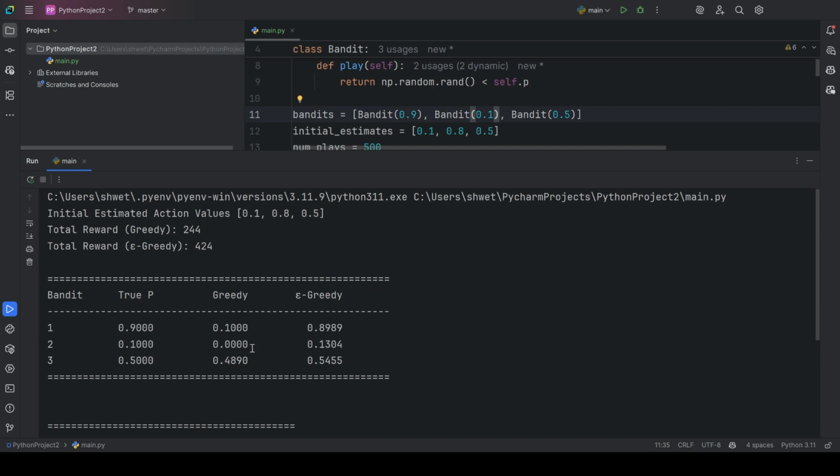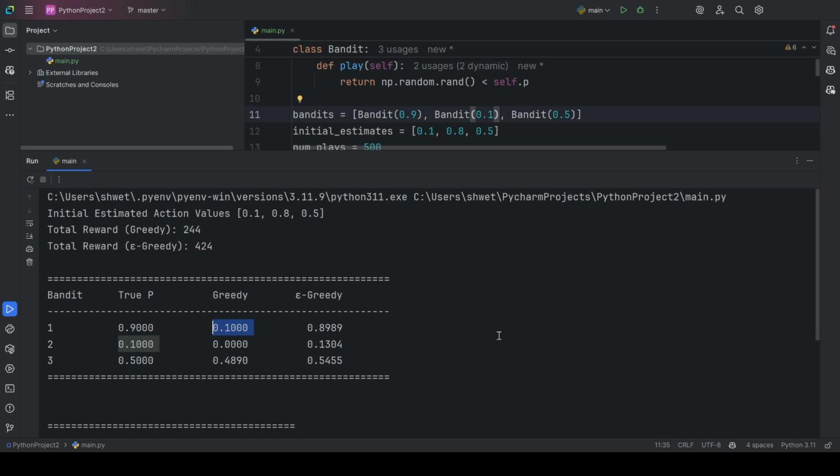After that value fell below the value of the third bandit, it kept choosing the third bandit, and the value of that was 0.5. So it never went below the estimated value of the first bandit, which is 0.1.